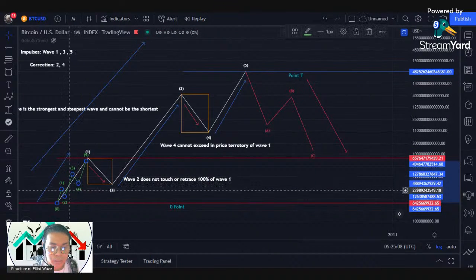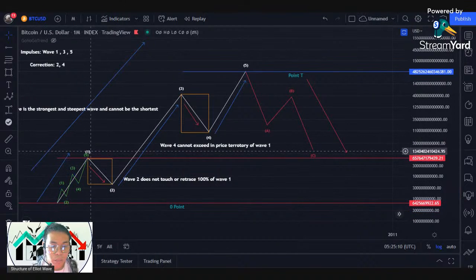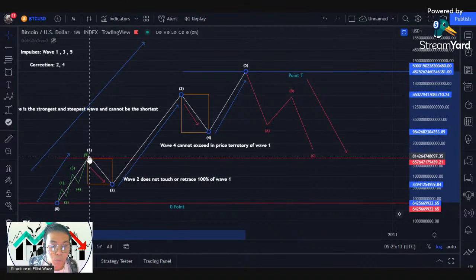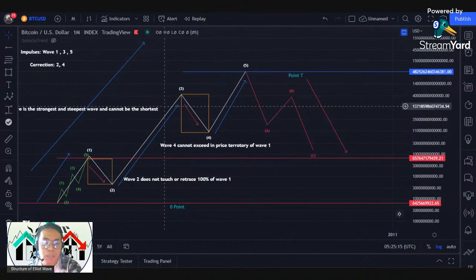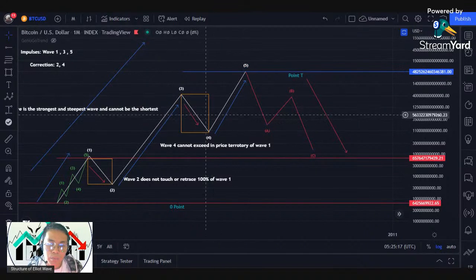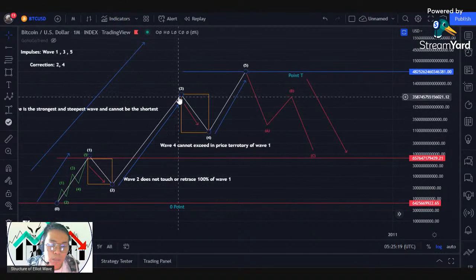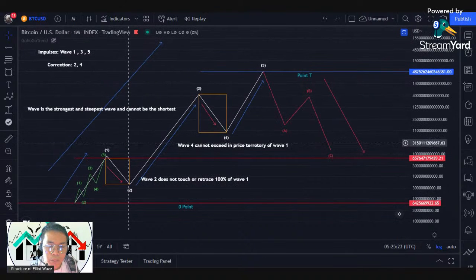Here in wave 1, there is a small wave which we can see in the lower time frame. For example, this time frame, the white five waves are labeled. We are now in the monthly time frame.